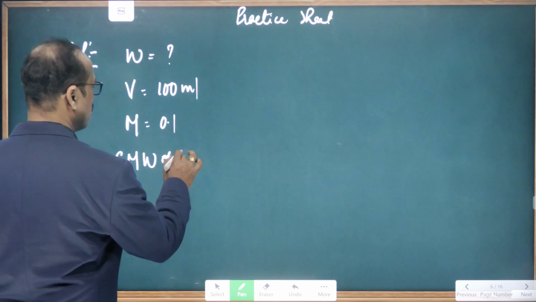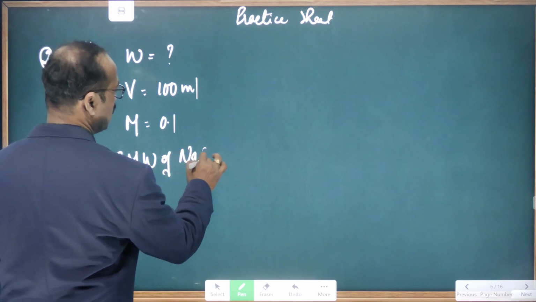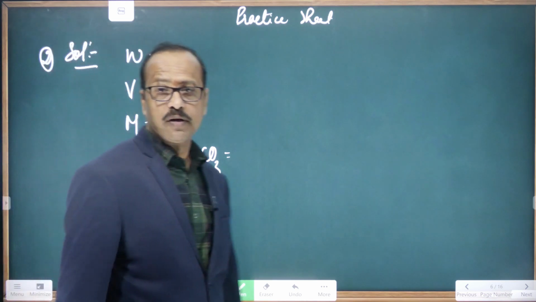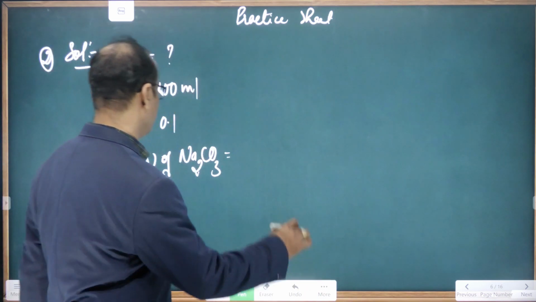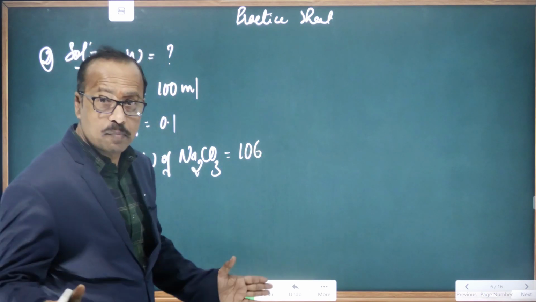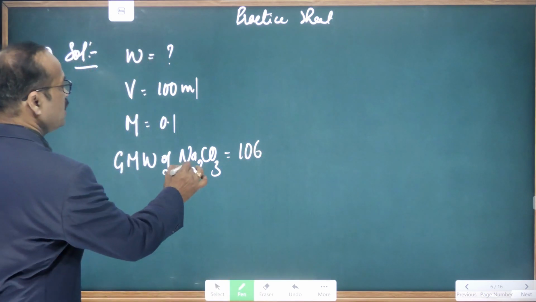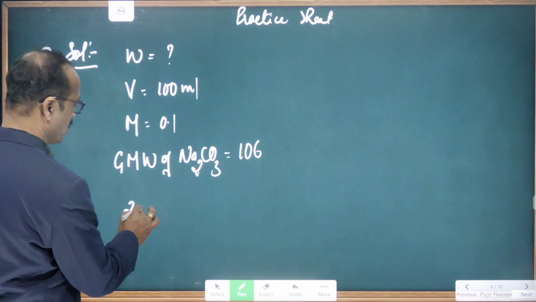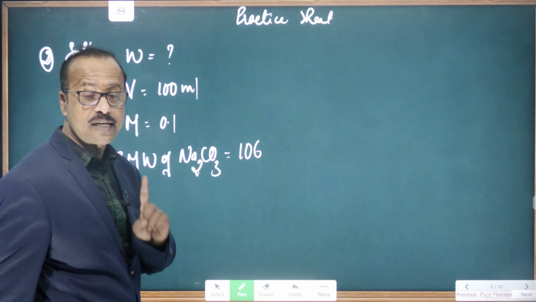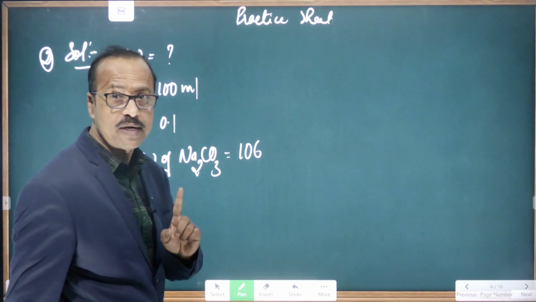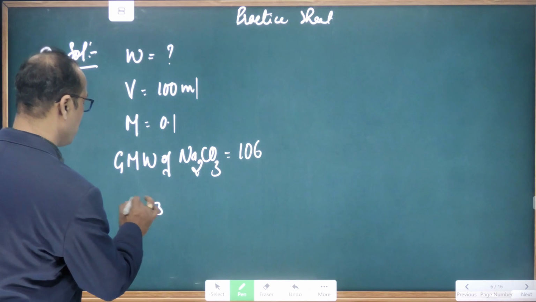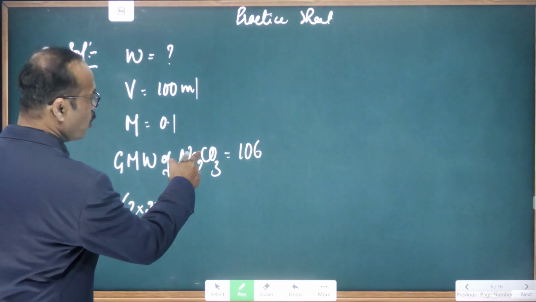But you know how to calculate the gram molecular weight of sodium carbonate. This is 106, which you have to remember. If you can't remember, then you solve it. How many sodiums are there? 2 sodiums. The atomic mass of sodium is how much? I said that at least 20 elements' atomic masses you need to remember, right? So 2 into 23, plus how many carbons are there?